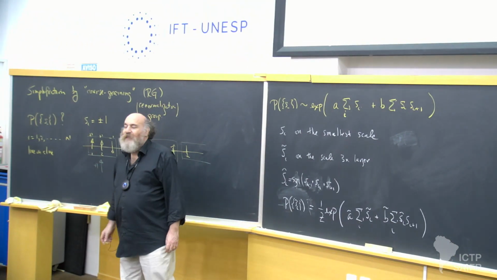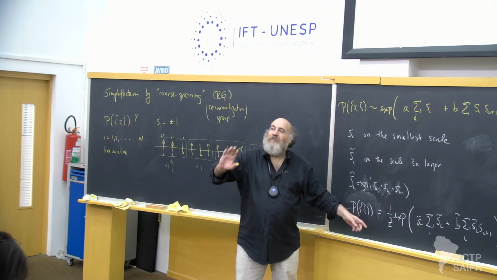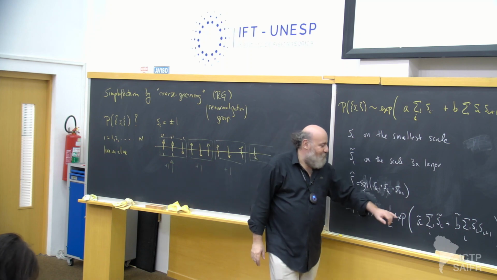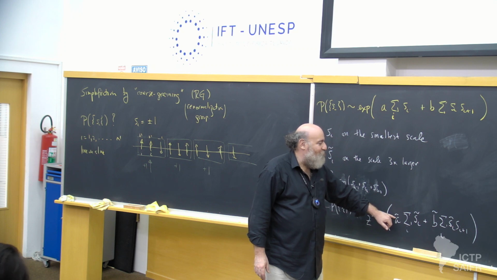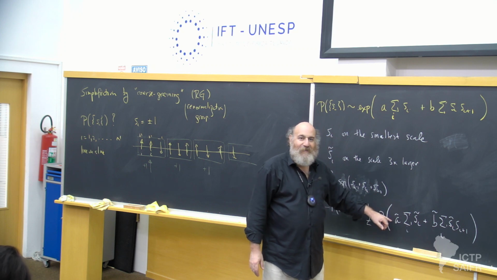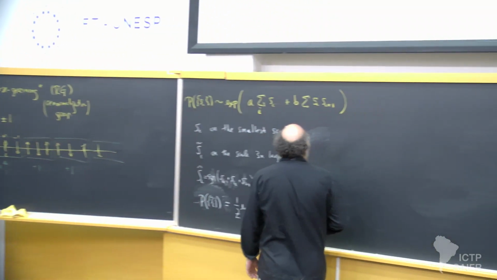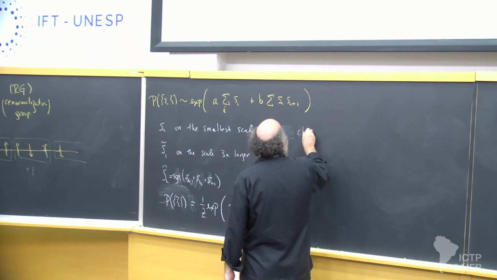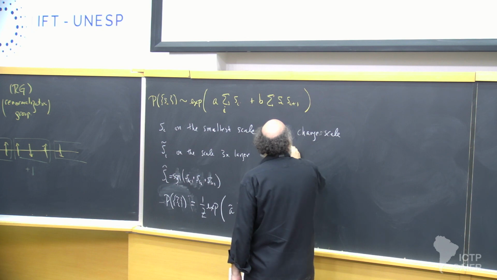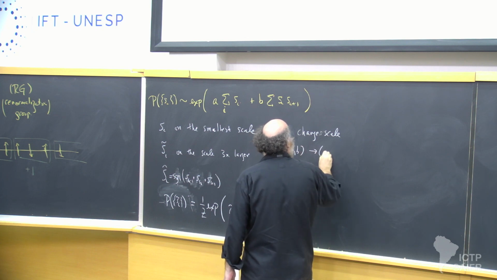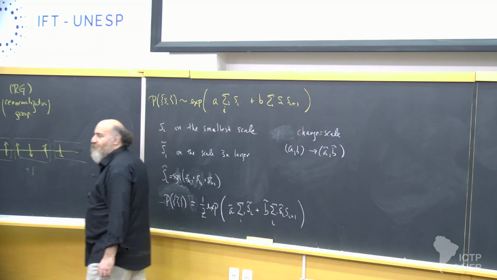And what that means is that if you go through all the algebra, and as I say, it's not that hard, but something to do in private, what you discover is that the model that you get back looks the same as the model that you started with, except that when you change scale, A and B go into A tilde and B tilde.